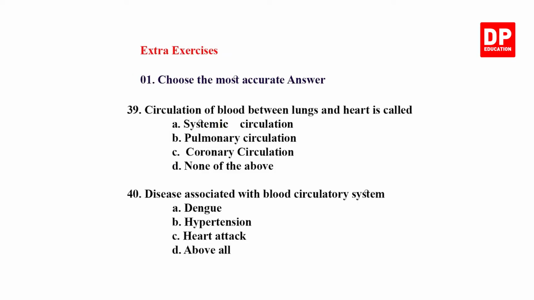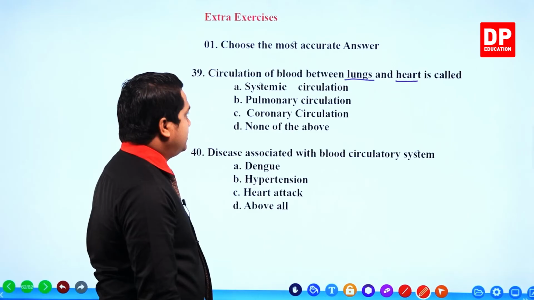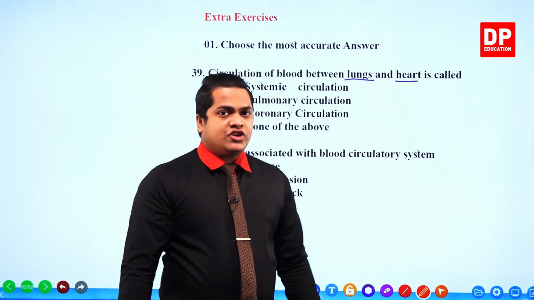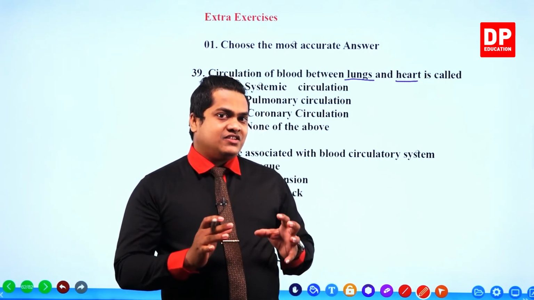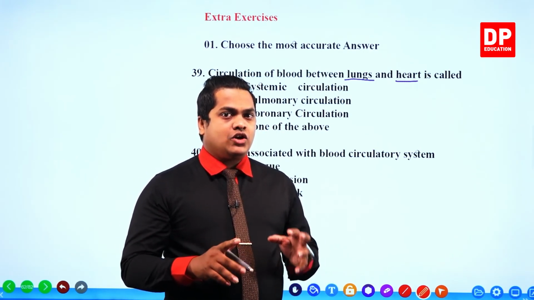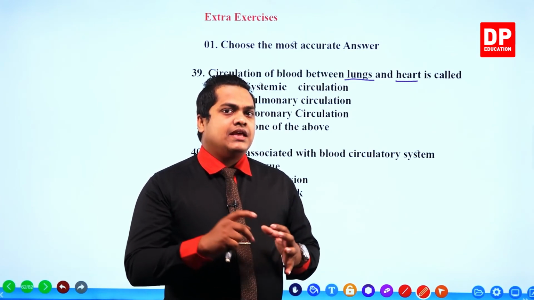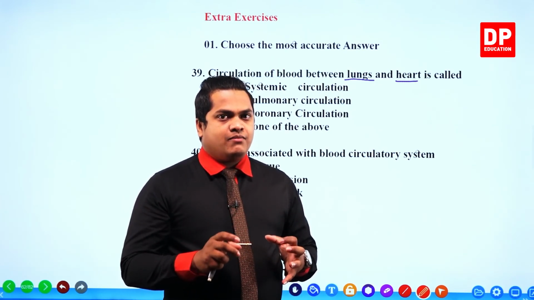Circulation of blood between lungs and heart. So the circulation of blood between lungs and heart. I think in the first chapter I explained there are two circulations that occur within our body.